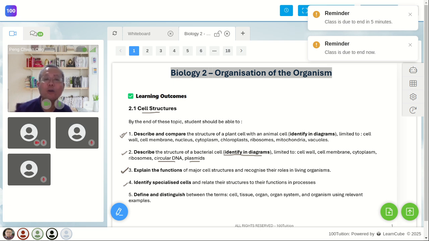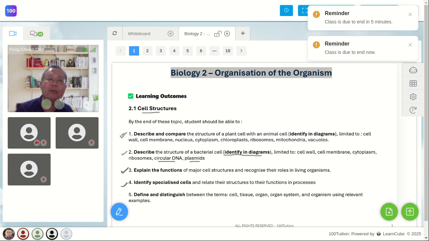What is the function of the nucleus? It is where the DNA is stored, and it controls the cell. It's like the brain of a human. And what is the function of the cell wall? Basically, it keeps the structure of the cell and protects the cell.